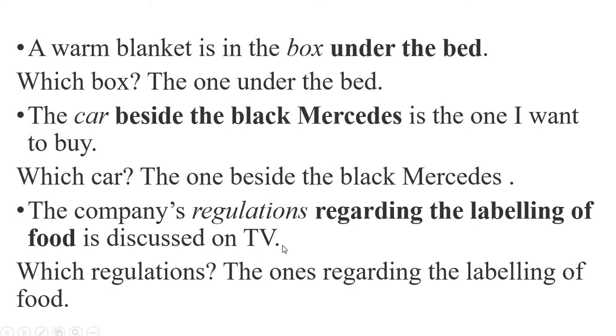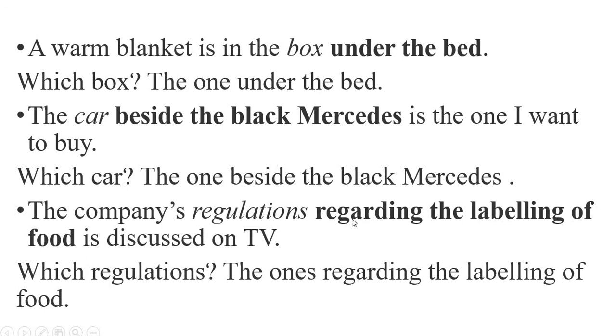What is it doing in this sentence? It tells me the regulations I'm talking about. Which regulations? Well, specifically, I mean the regulations which are about the labeling of food.